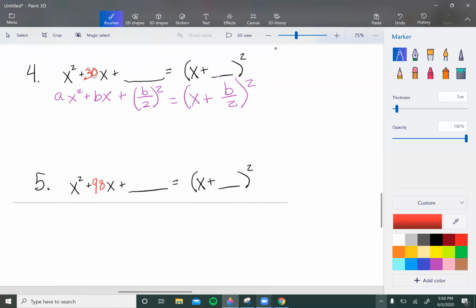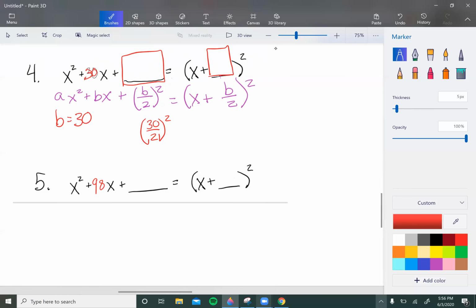So in this case, our b value is 30. And all we have to know in order to fill in these two blanks is b. So if this value is b divided by 2 squared, we have 30 divided by 2 squared.